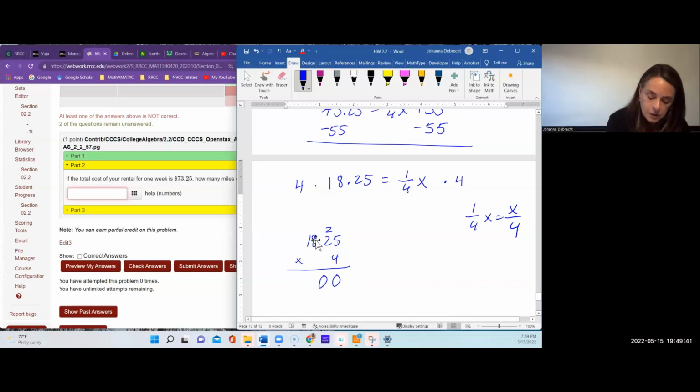Put down the 0, carry the 1. 4 times 8 is 32, plus 1 is 33. Put down the last 3 and carry the 3. And 4 times 1 is 4, plus 3 is 7. There are 2 decimal places here, so there must be 2 decimal places here. And the answer is 73.